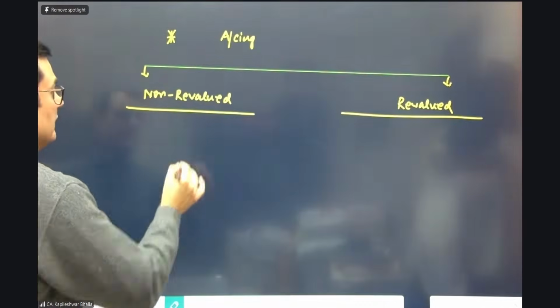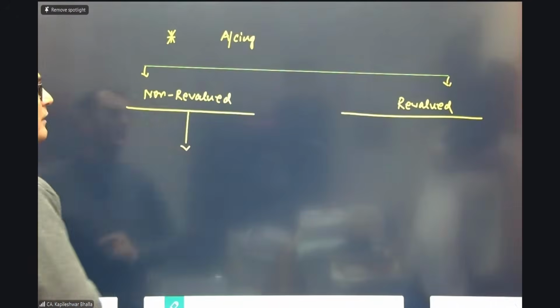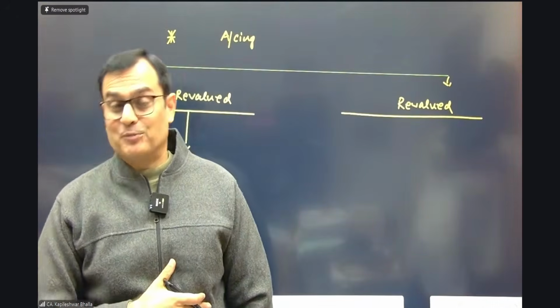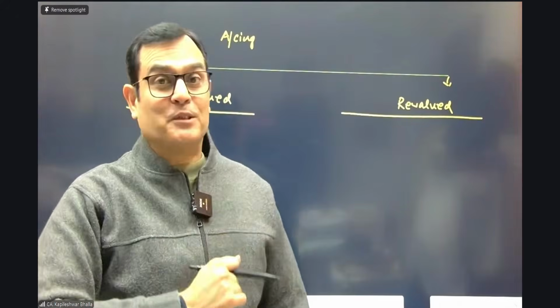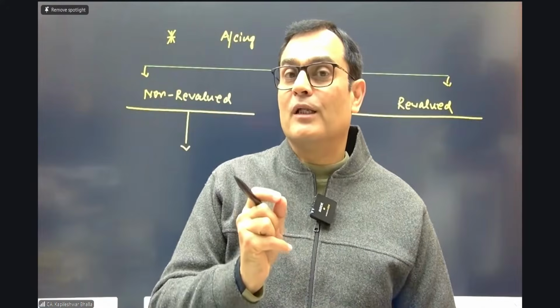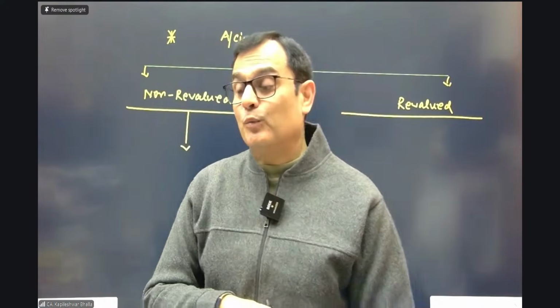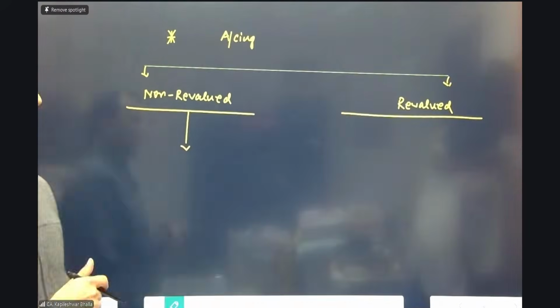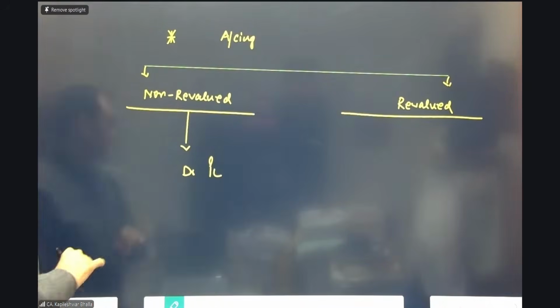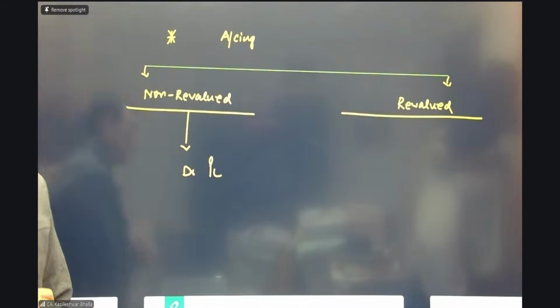So would you like to tell me, if it is a non-revalued asset, where do you put the impairment loss? And there's another small thing which is coming to mind, which I'll ask you. If it is a case of a cost model, a non-revalued asset, then can I say this is going to be debited at which place? Profit and loss. And that's right, it goes in the P&L.